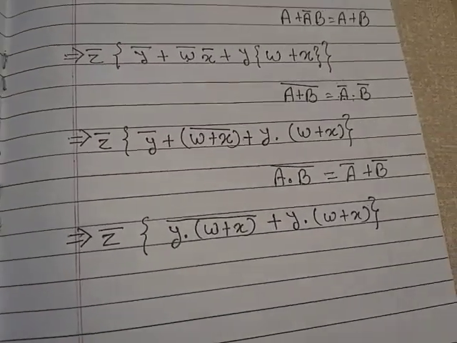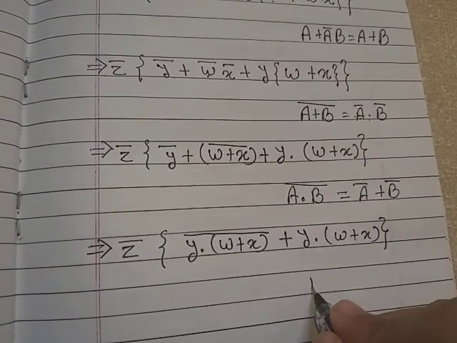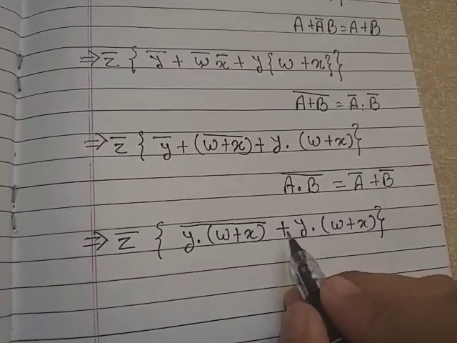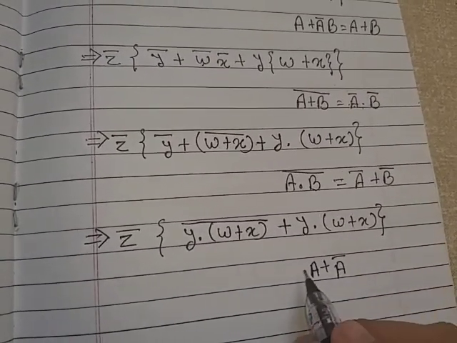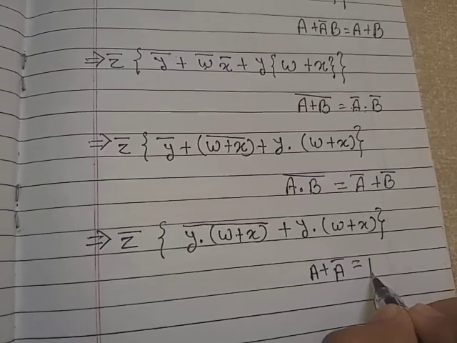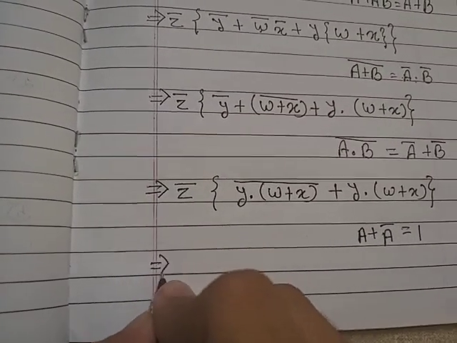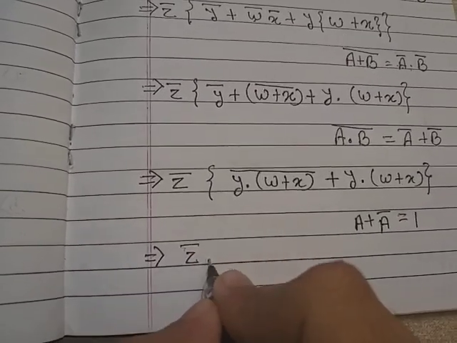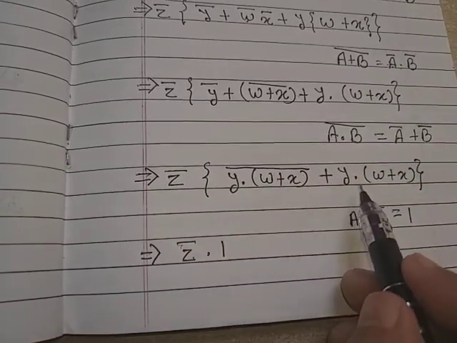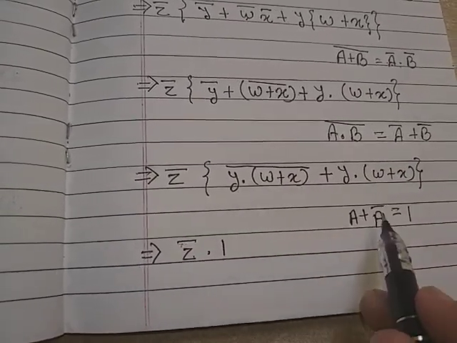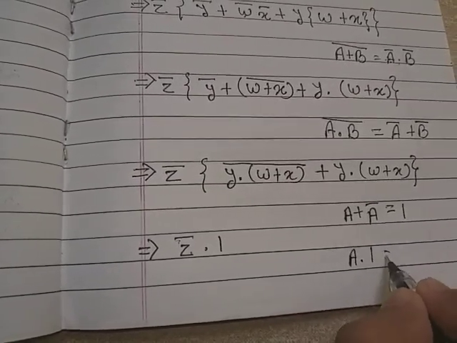Now, suppose y dot w plus x is equal to a. So what will I get? a plus a bar, and a plus a bar is equal to 1. So we have z bar dot 1, and we know that a dot 1 is equal to a.